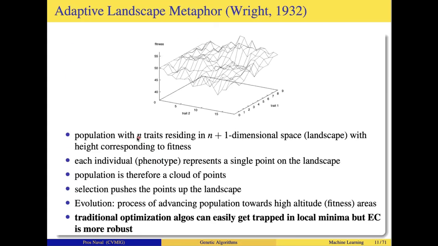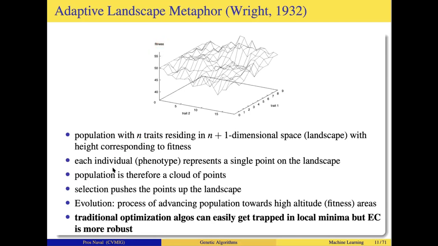So a population with n traits will be residing in n+1 dimensional space. So here we have two traits. They have a landscape that is in three-dimensional space. The additional dimension corresponds to the height, which actually reflects the fitness of the individual.